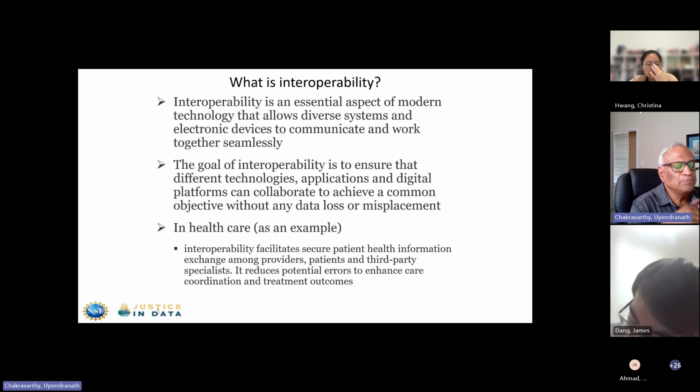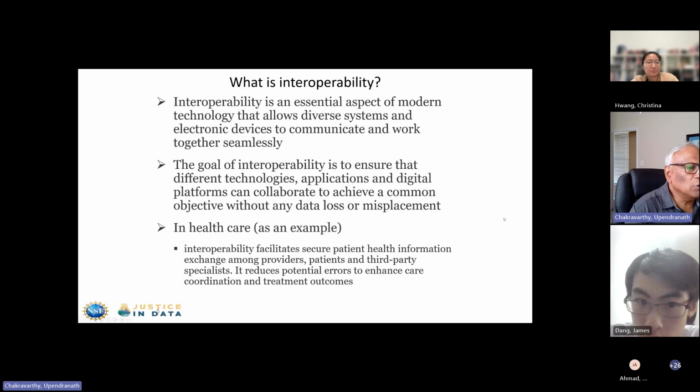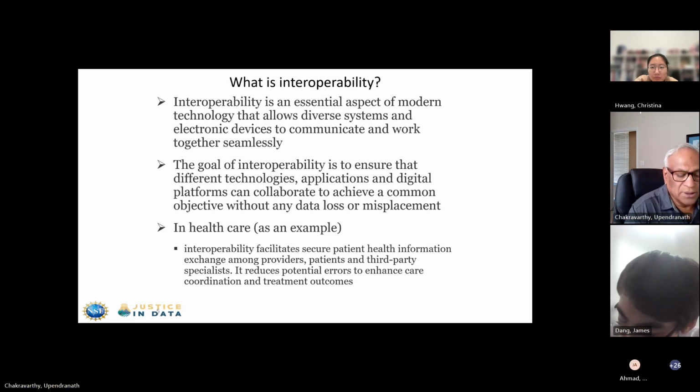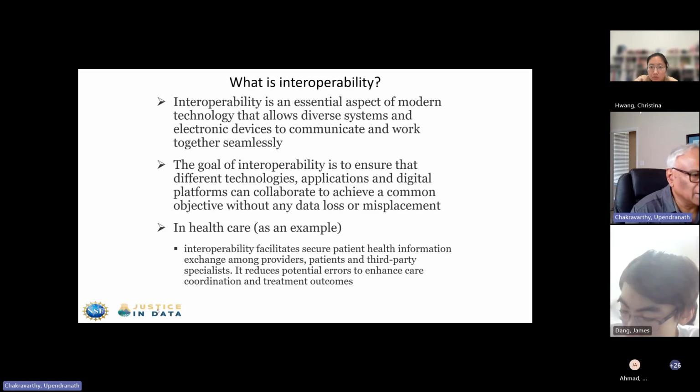This is the benefit that you get if interoperability is in place. The goal of interoperability is to ensure that different technologies, applications, and digital platforms can collaborate to achieve a common objective without any data loss or misplacement, or without you having to develop some software for that or buy something else.